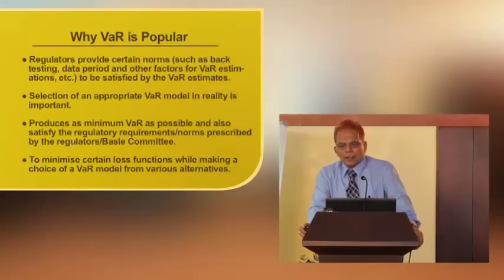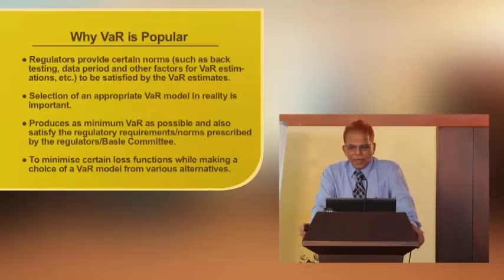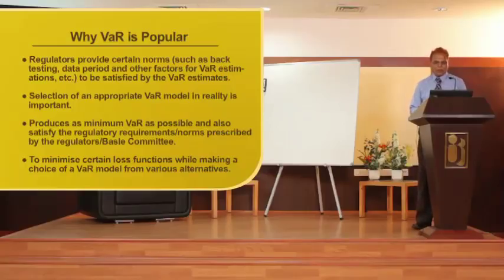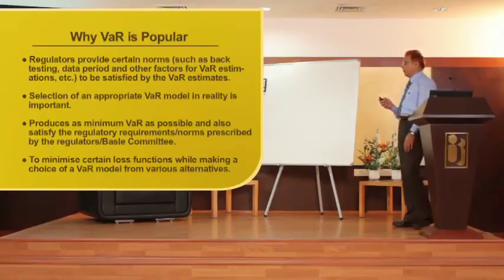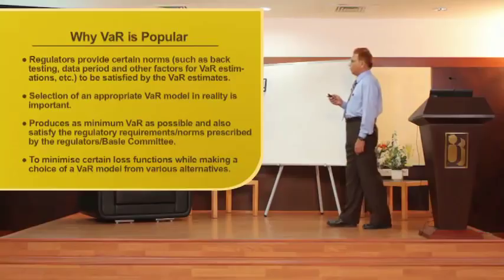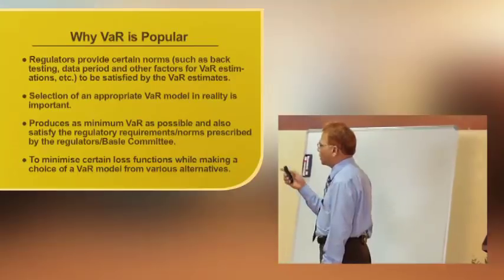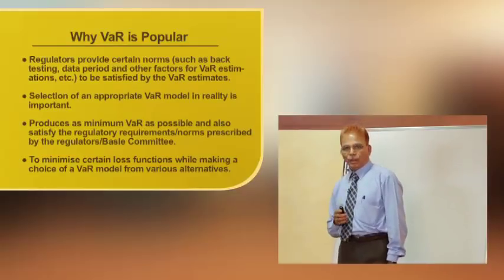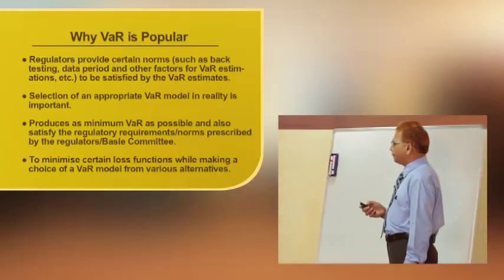Regulators also provide certain norms like backtesting, data period, the minimum period for which you should use the historical data, what kind of data is to be used, and the estimation methodology, because since it is used for maintaining the market risk capital, there is a tendency amongst the banks to underestimate the risk. The regulators are going to stipulate a lot of norms for computation of the VAR.